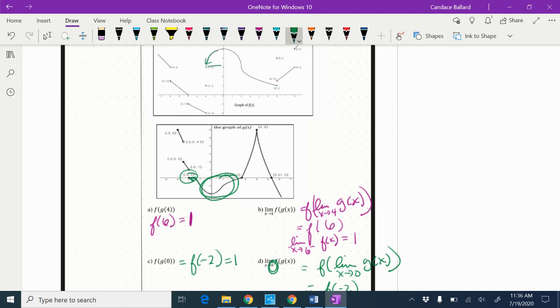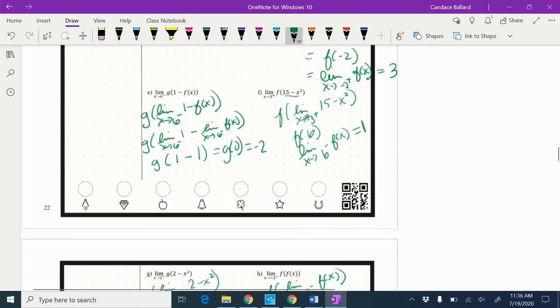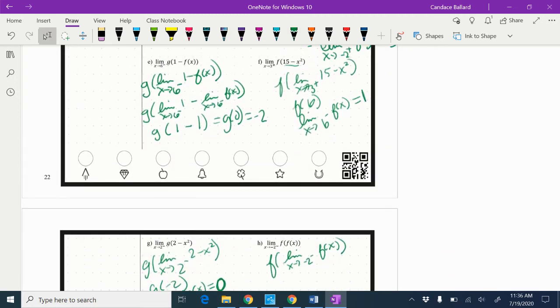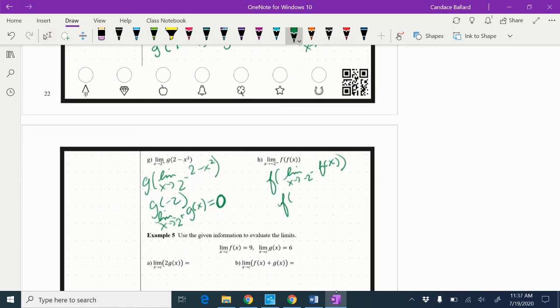Looks like it's at 3. No, -2 from the left side. I'm doing the right side. So the left side is at -2. So we're going to rewrite this as f of -2.